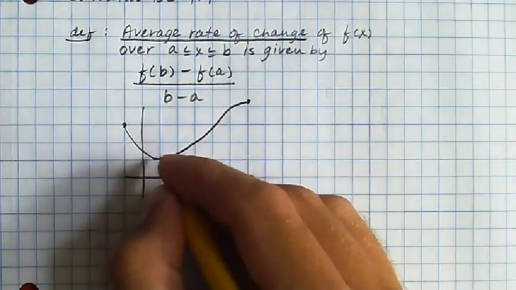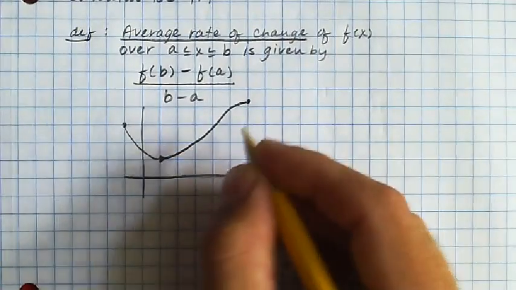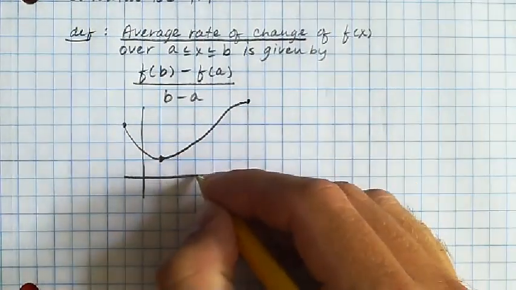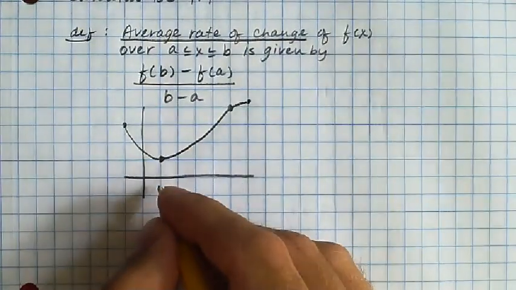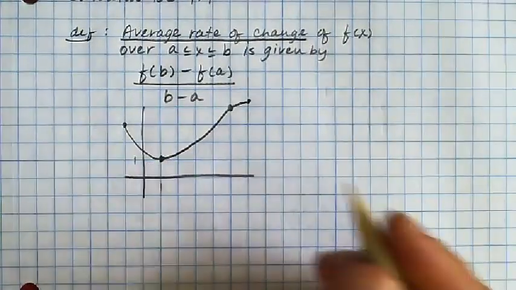So let's say the average rate of change over the interval 1 to 5. Okay, just assuming a scale of 1 in both directions.